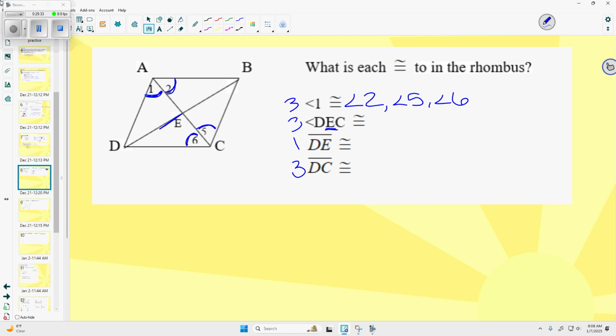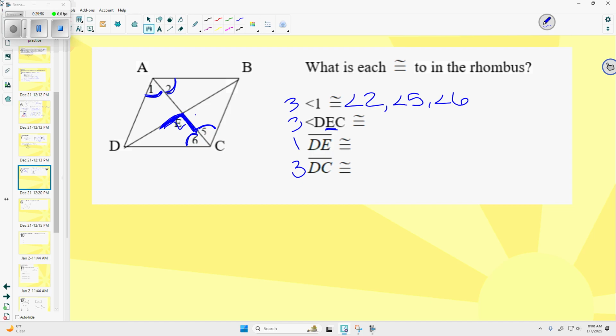Angle DEC is this angle right here in the center. What else is it congruent to? First of all, how many degrees is it? 90, we know that's a 90.